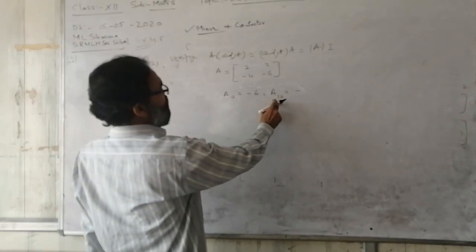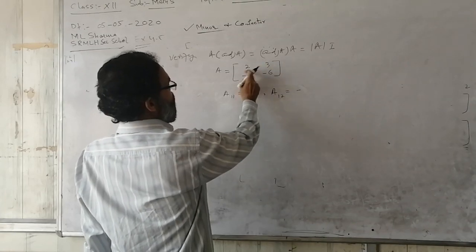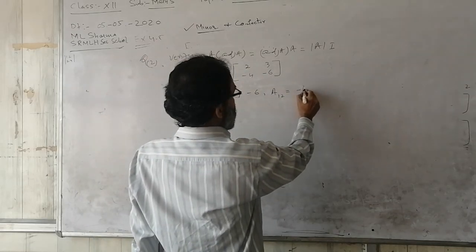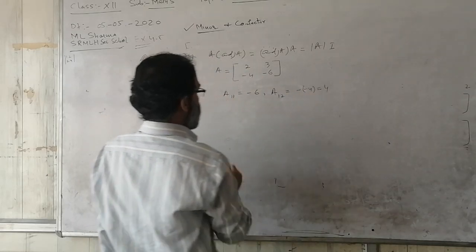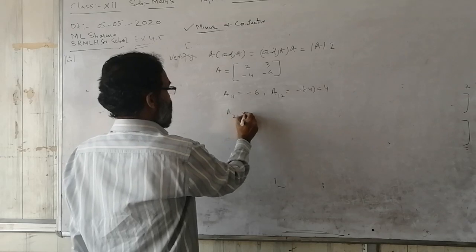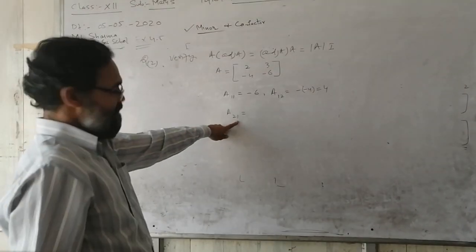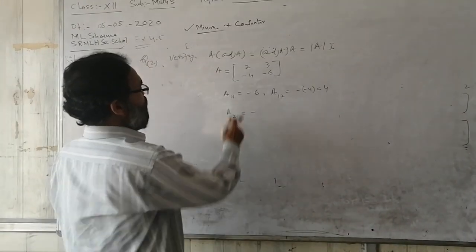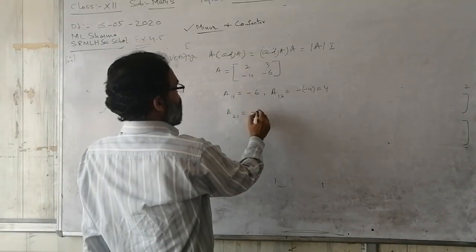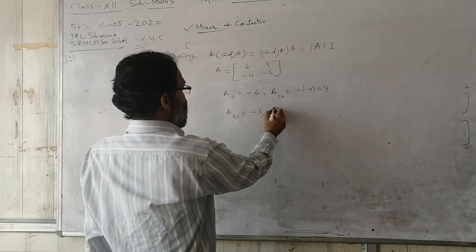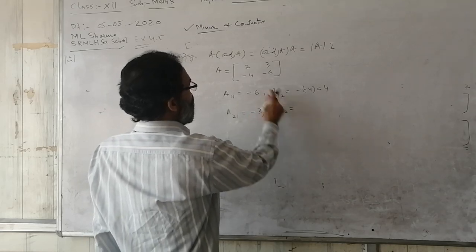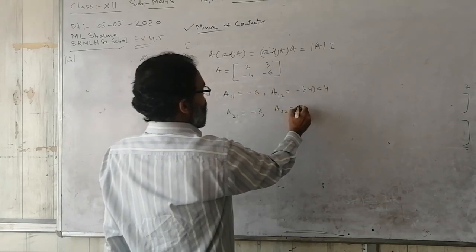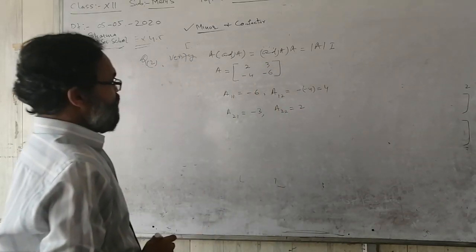So A12, cofactor of this element 3, I will delete this row and this column, it will be minus times 4, that is minus 4. Then A21, again 2 plus 1 is 3, so again minus will be here, so delete this row and this column, so 3 will be left. Then A22, cofactor of this element, when this row and this column are deleted, I will have 2 left.